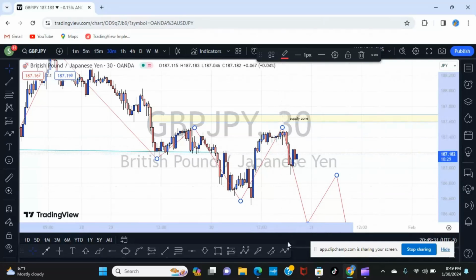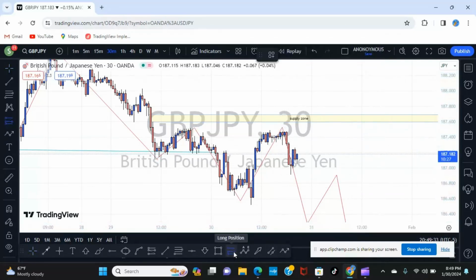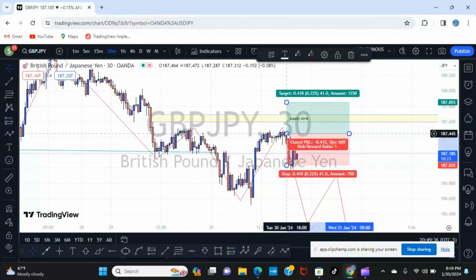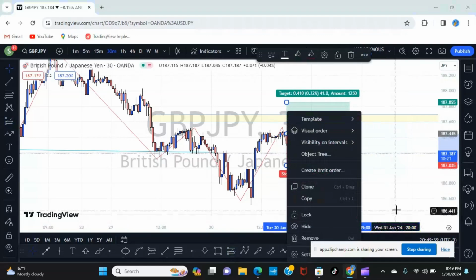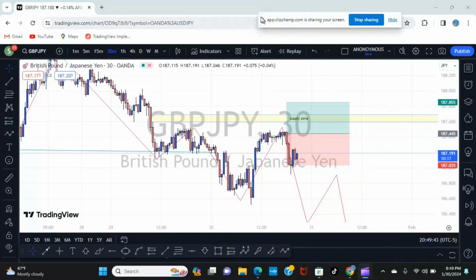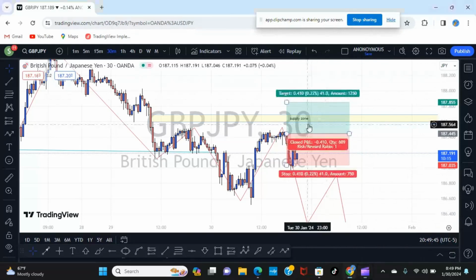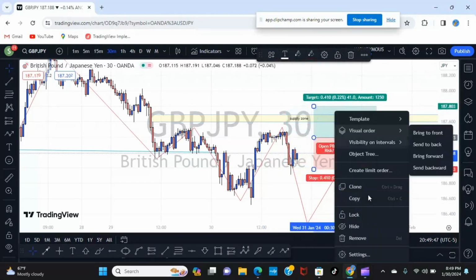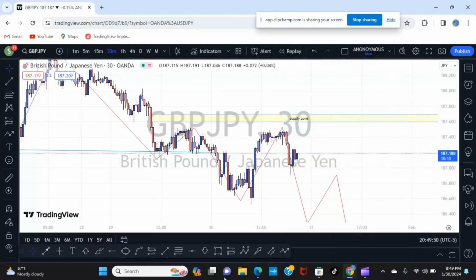So we're gonna enter from this position right here. Short. We're gonna enter a short position from this zone right here.